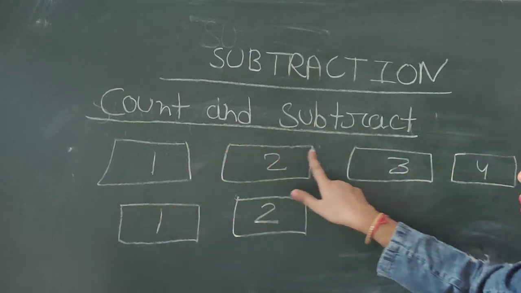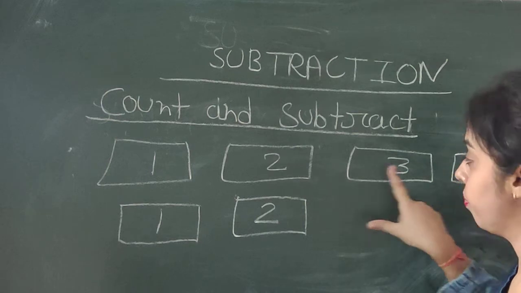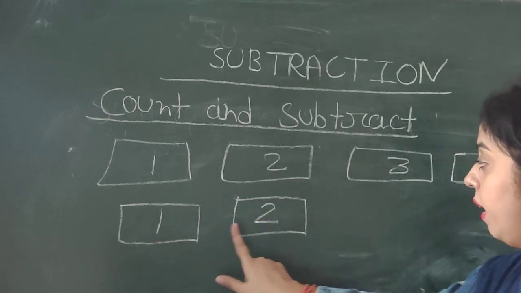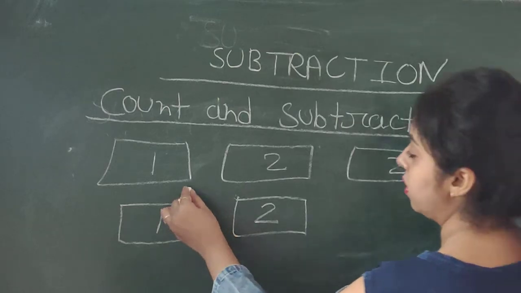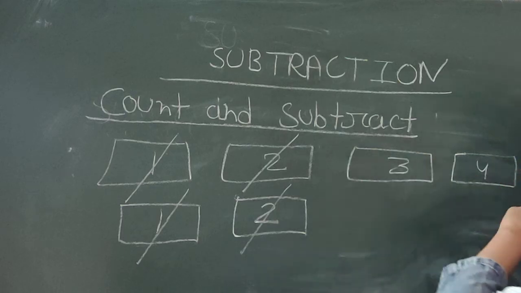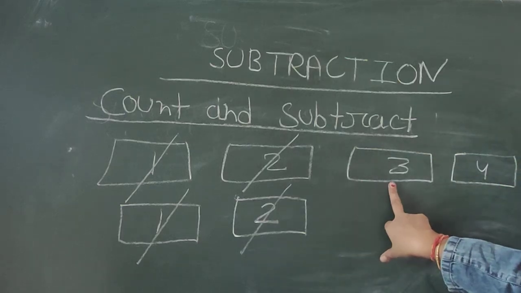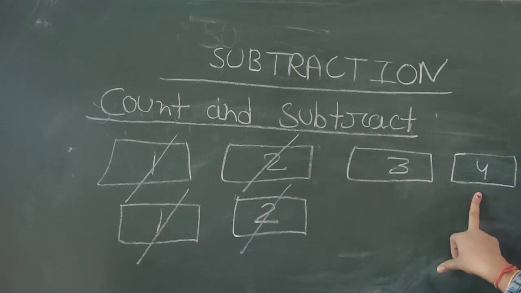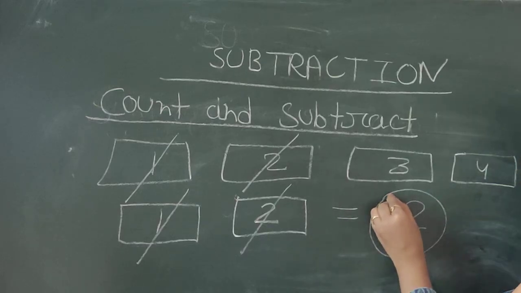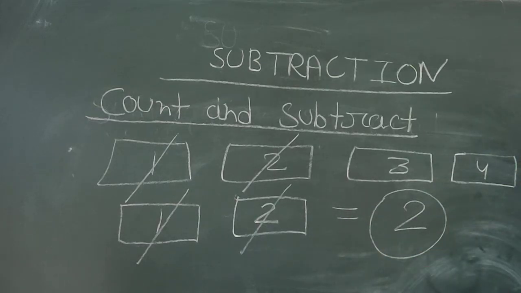Count 1 2 3 and 4. Subtract 2 boxes, 1 and 2. So 1 box is cut and 2 boxes cut. So 1 and 2, कितने बचे? 2. So the answer is 2. Okay.